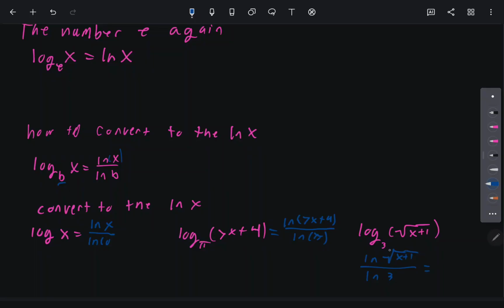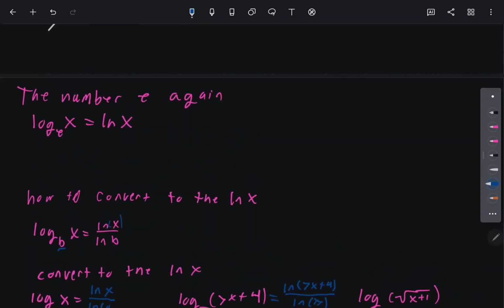We can bring the radical out, because it's the same thing as raising it to the 1/2 power. So we are going to get the natural log of x plus 1 divided by 2 natural log of 3. Apologies, I misspoke.